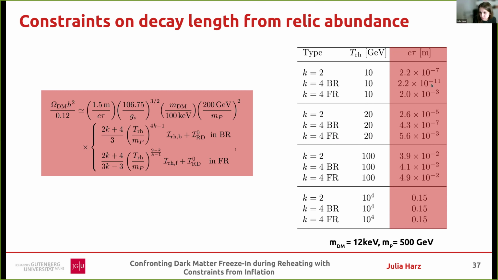So the smallest for the bosonic reheating, and the larger one for the fermionic reheating. And this is, of course, what we have to keep in mind when we want to interpret our experimental data, or if we want to exclude certain models.